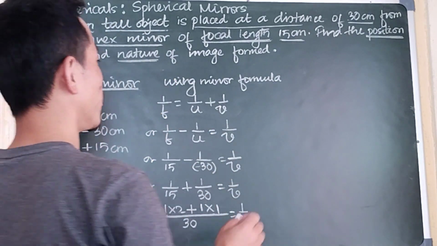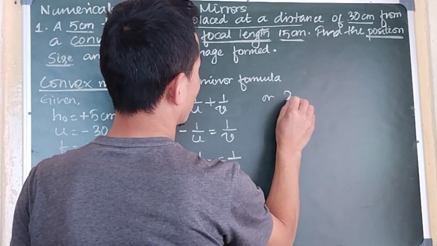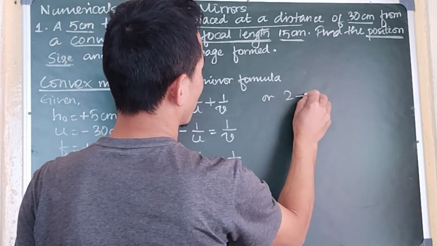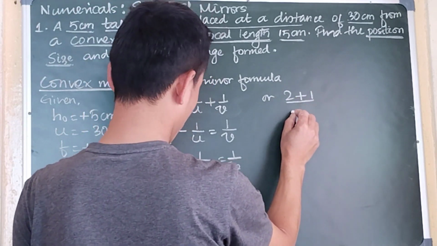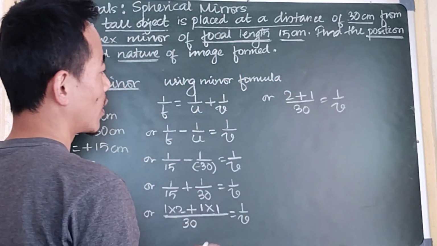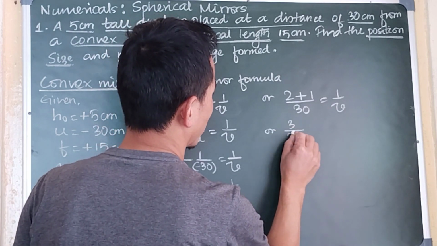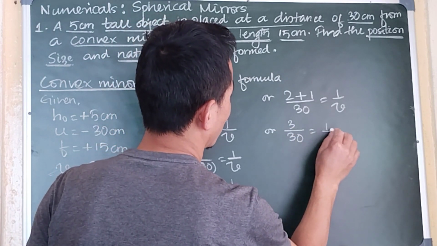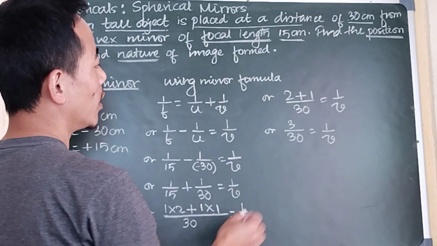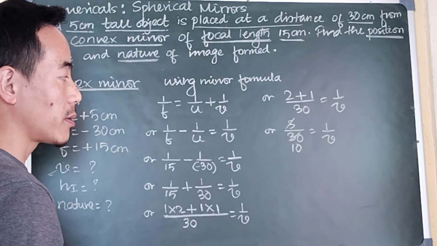Now here you can simplify. So this becomes 2 and this is plus 1 divided by 30 is equals to 1 divided by v. So if you add, 2 plus 1 will give you 3 divided by 30 is equals to 1 divided by v. Here you can cancel 3 and this 30 is 10 times.